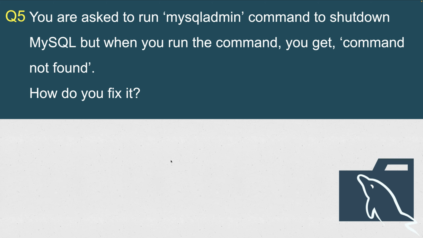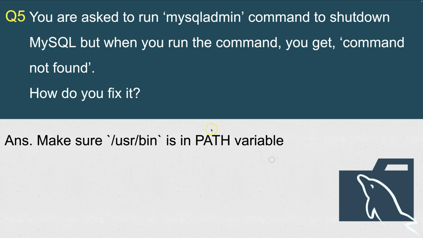But once you see that command not found, what really rings the bell? This is a common question they will ask you. You don't reply, oh, maybe MySQL is not installed there. No, MySQL is installed. So the other obvious thing that comes to mind is that the path for the mysqladmin utility may not be in the PATH variable.